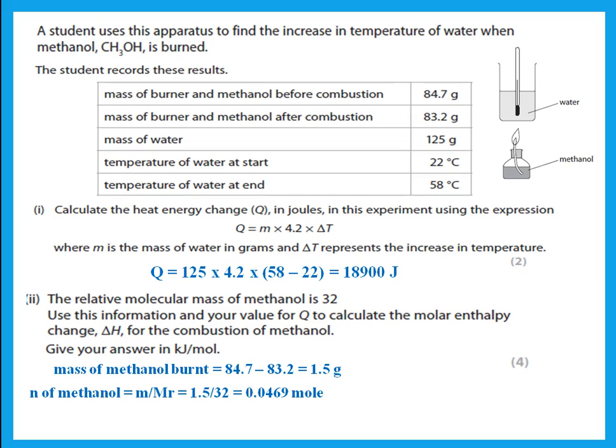Now, from that mass, I can get the number of moles, mass over the molecular mass, and he already gives me the molecular mass. And that means that I can get delta H. Delta H will be the Q that we calculated up there. It was in joules. We divided by 1,000. That's why now it's 18.9 over the number of moles that we got. And we have a value for delta H.